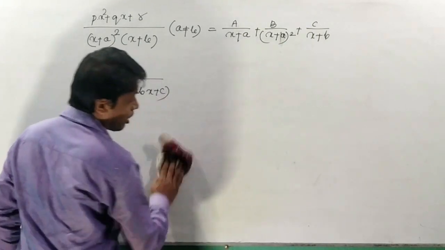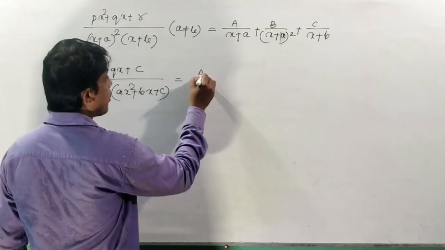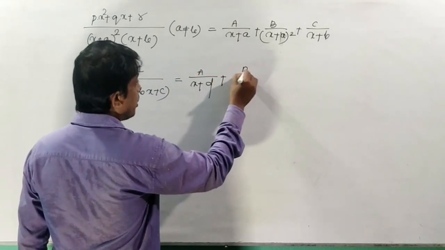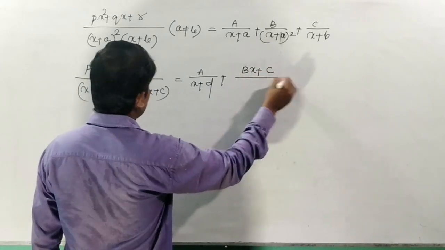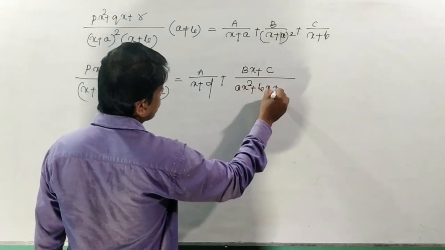Now we have to take this as a by x plus d plus bx plus c by ax square plus bx plus c. Okay.